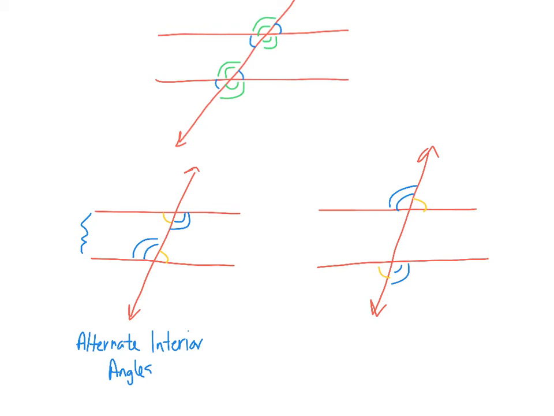And since they lie outside, another word for outside is exterior. These are alternate exterior angles. I would really write those pictures down with your tick marks or your little arcs.